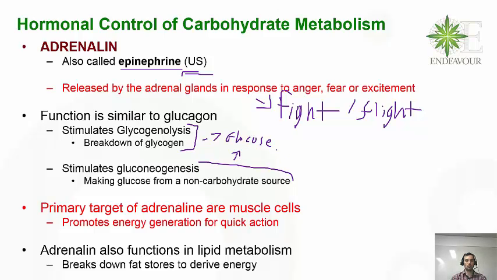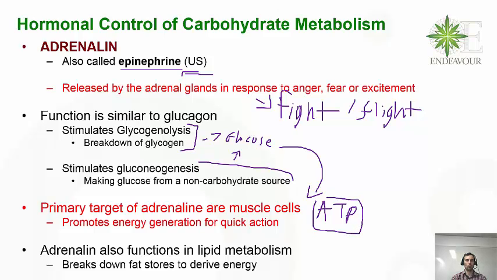We make this glucose to have quick action, so we can quickly use it to make ATP. This time we're not using the glucose to increase the blood glucose level, we're actually using it to generate ATP quickly.